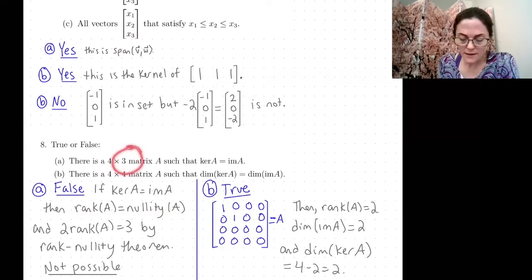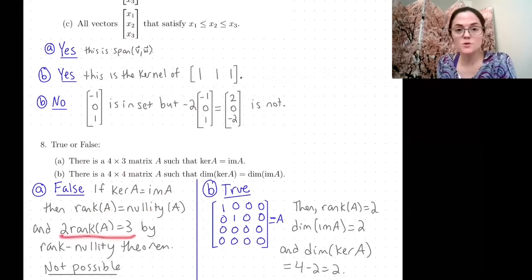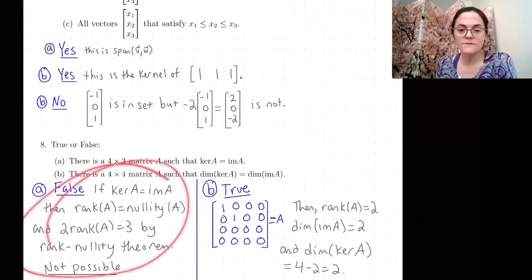This has 3 columns, but with these two equal, this says that 2 times the rank must be equal to the number of columns, 3. Well, this is not possible because the rank is an integer, right? You can't have the rank of a matrix be 3/2. So that says that this is false.